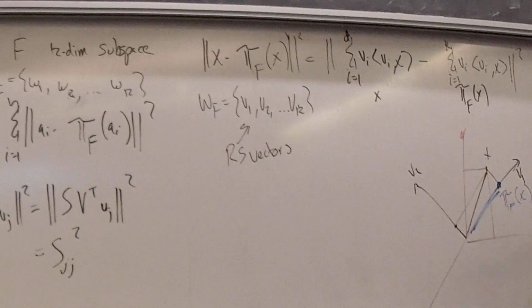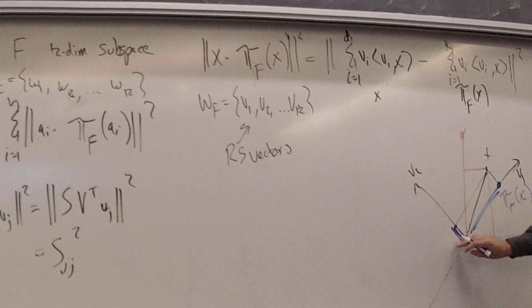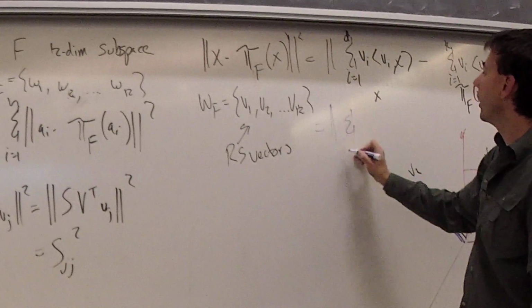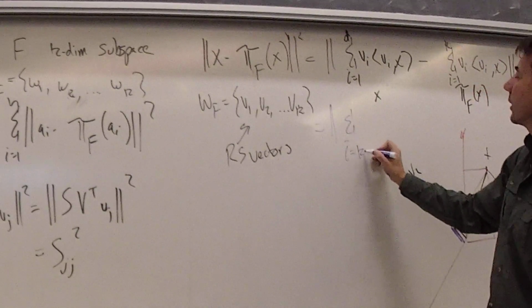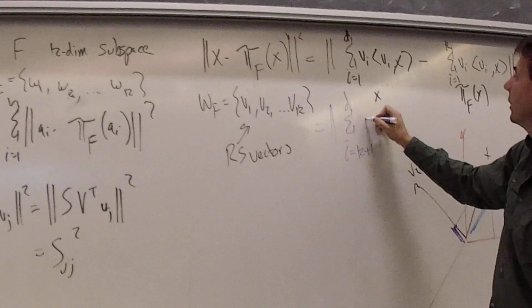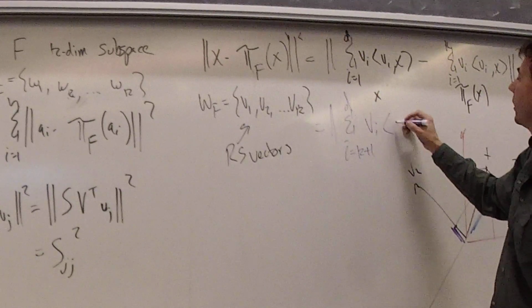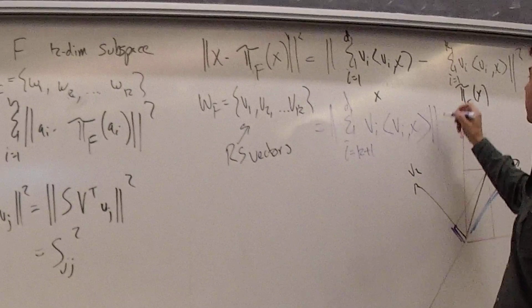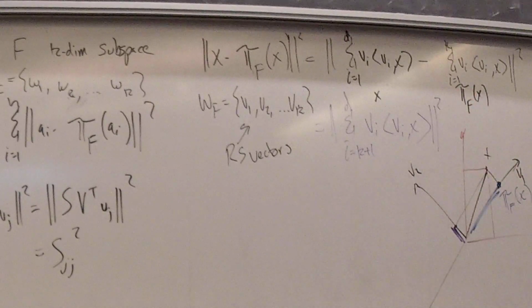And so what's left over, the difference between this squared norm and this squared norm, is going to be exactly this squared norm over here. This quantity is exactly here. This is going to be equal to the sum of i equals k plus 1 up to d of vi dot x, which is this quantity left over here.